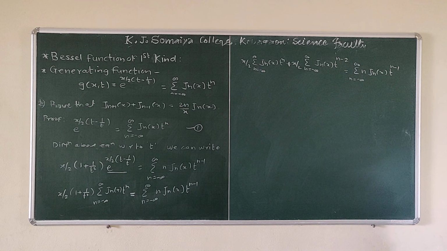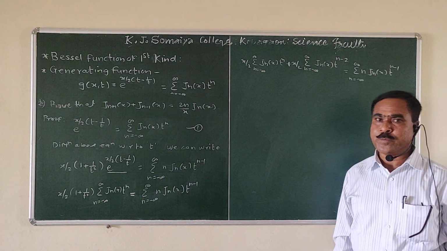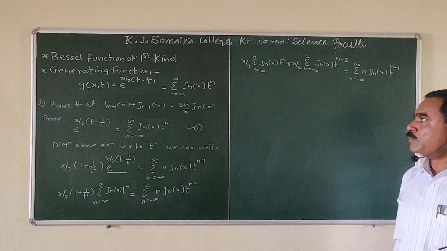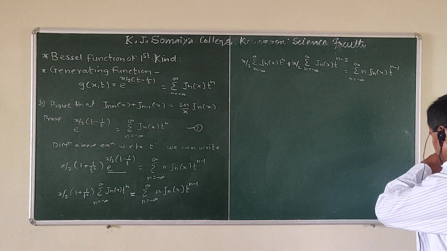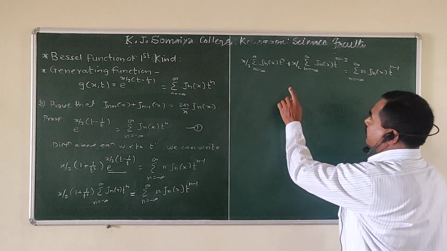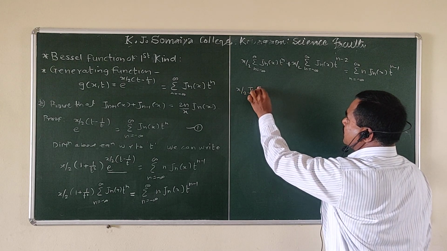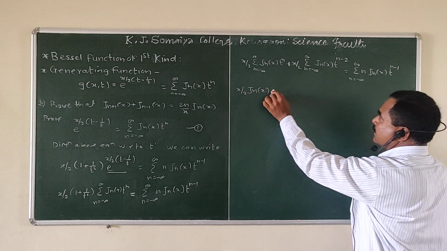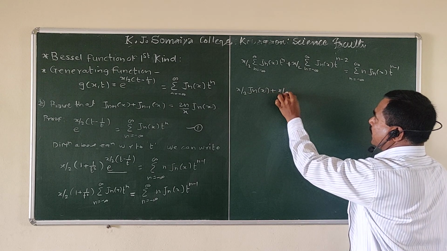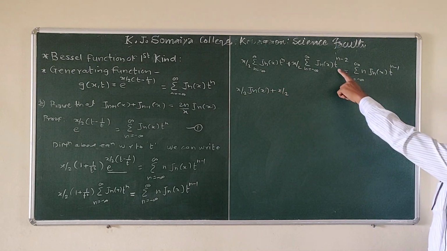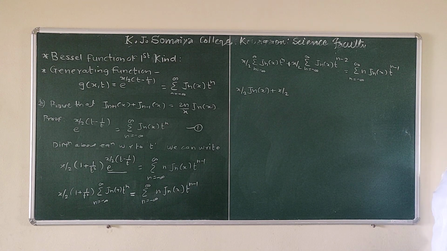Okay, then we compare the coefficient of t raised to n on both sides. So right here x by 2 Jn of x plus x by 2, and here power of t is n minus 2.